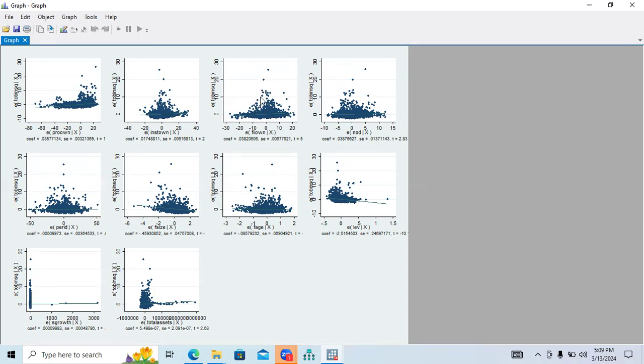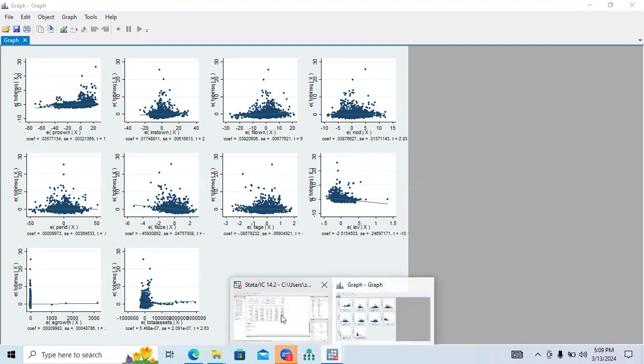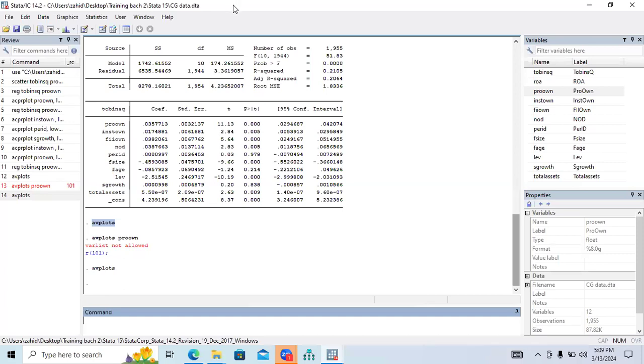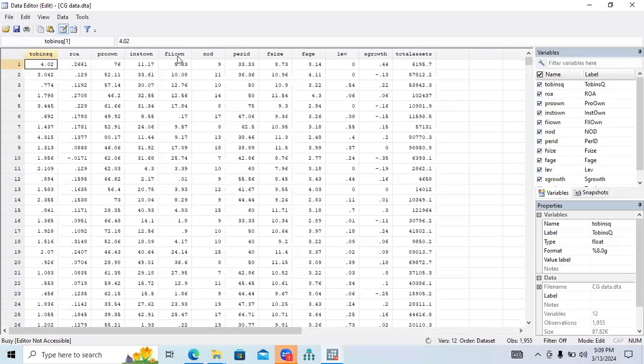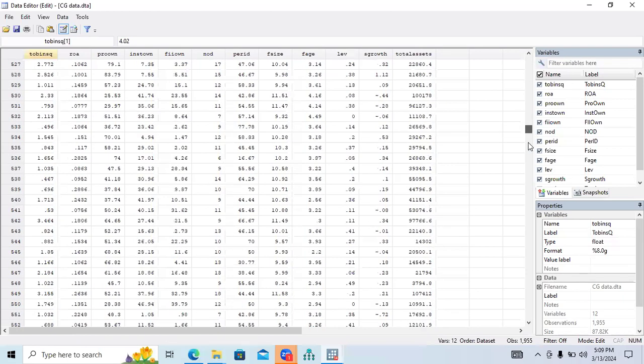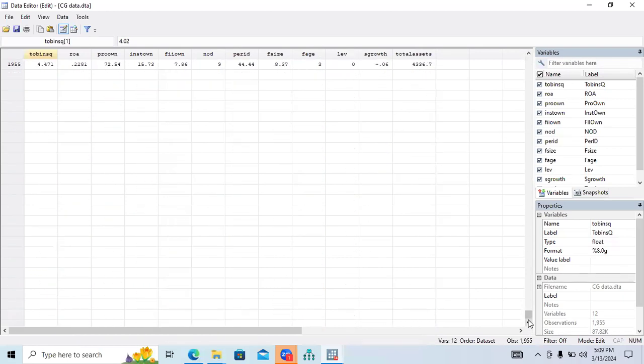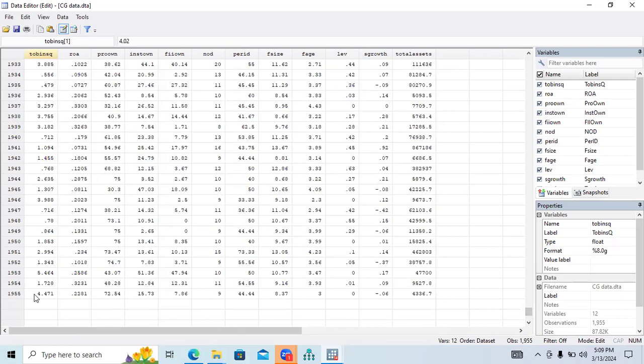But if they are more than 5% of your data set, we need to see how many values are in our data set. We need to see how many observations there are. So there are 1955 observations.